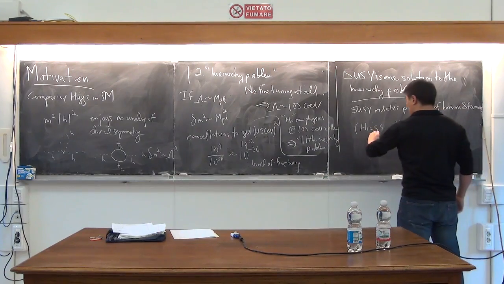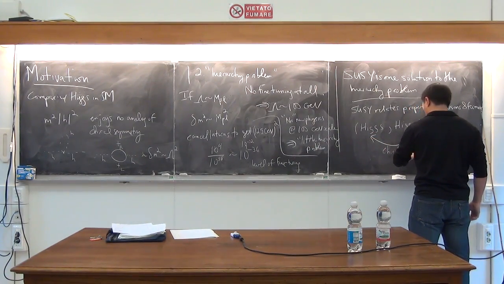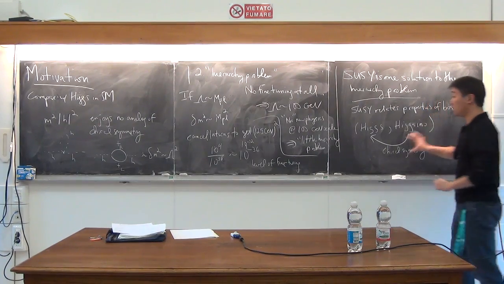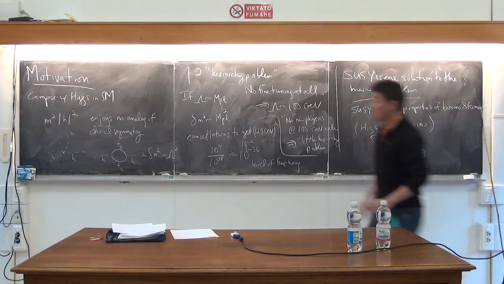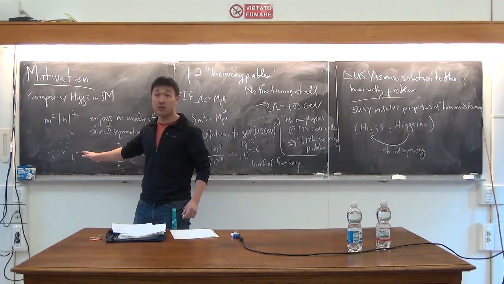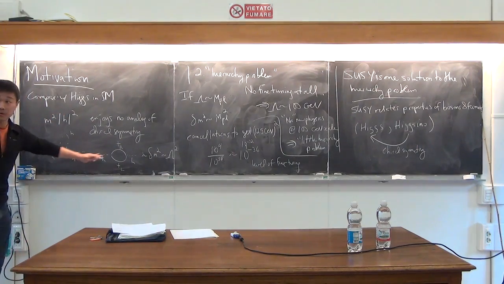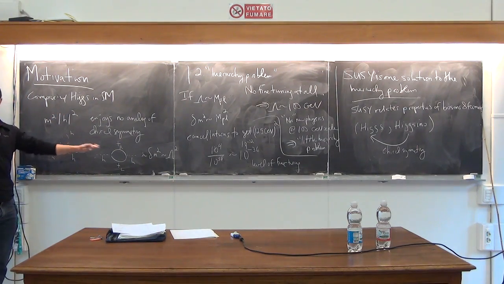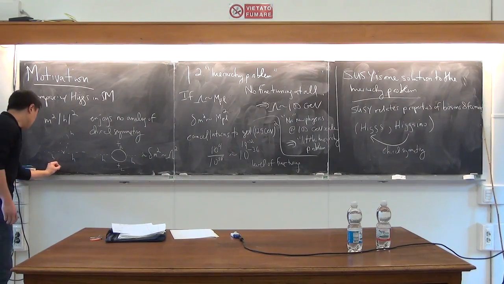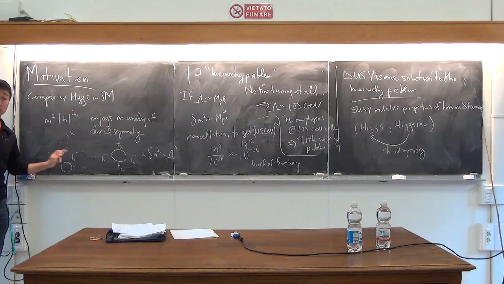So supersymmetry will extend the chiral symmetry of the Higgsino to the Higgs. When you actually come to calculate the diagrams, what you find is that for every diagram in the standard model, in the limit of exact supersymmetry, there will be an analogous diagram involving a superpartner running in a loop.